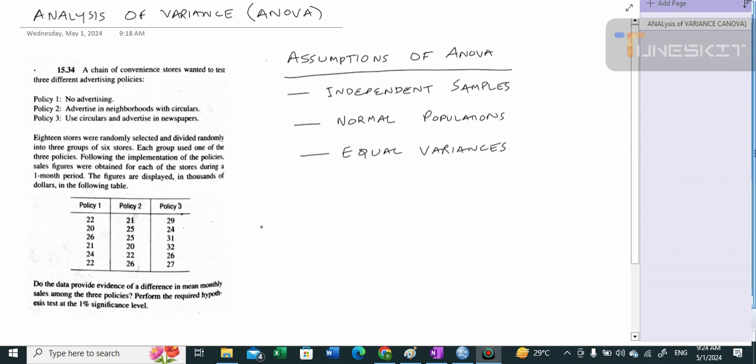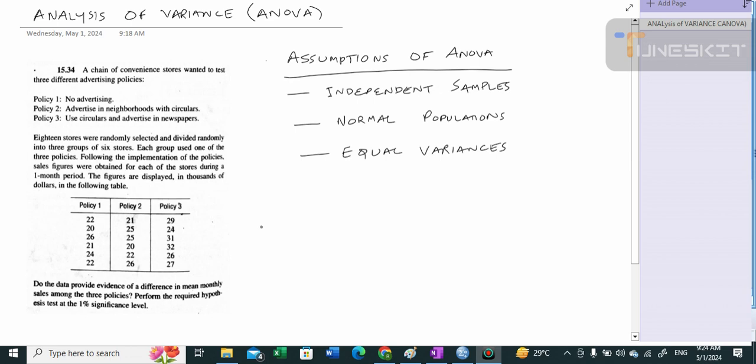The stores on which policy 2 is implemented, policy 1 and policy 3 are not implemented, and the stores on which policy 3 has been implemented, policy 1 and policy 2 are not followed.